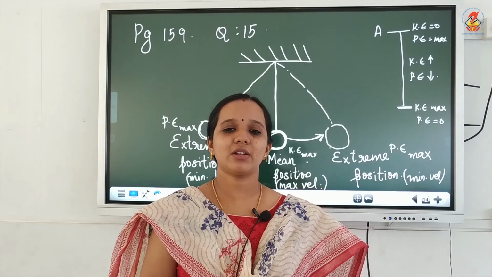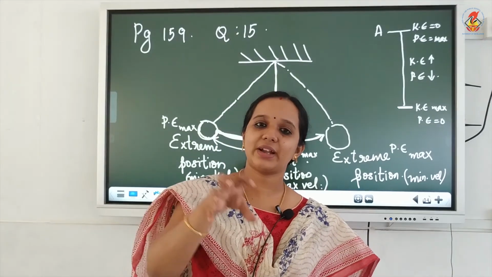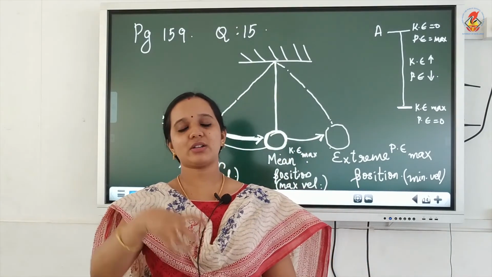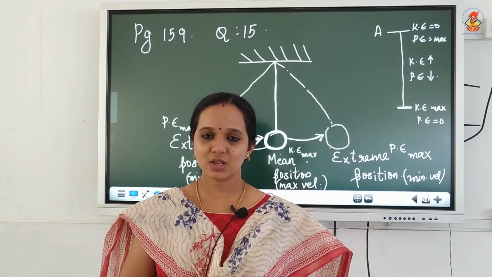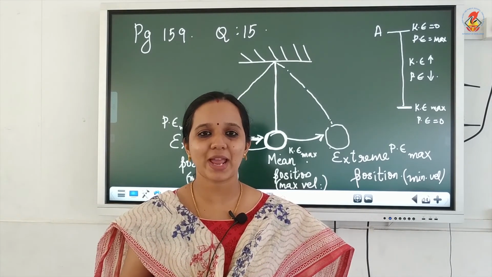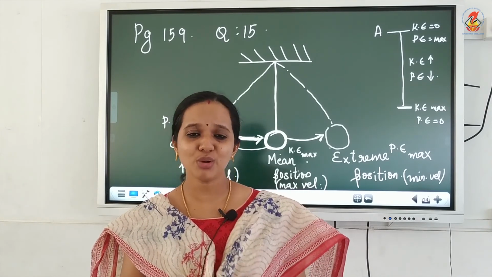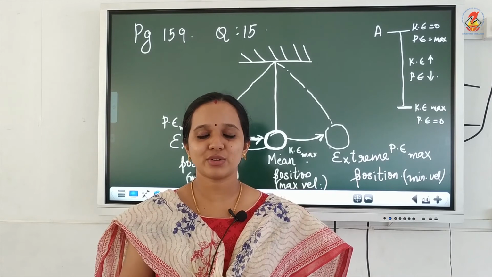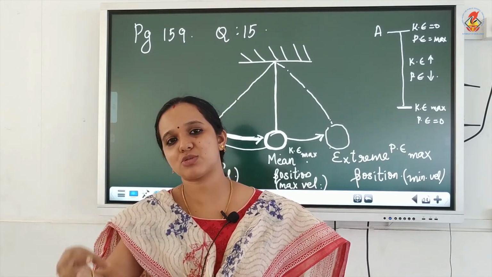So the kinetic energy of the pendulum got converted into heat energy. Again, no energy is destroyed nor created. The kinetic energy which we spent to overcome the air resistance got converted into heat energy. That is why finally the kinetic energy comes to 0 value.